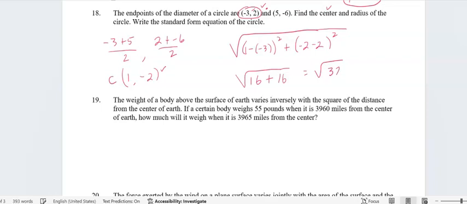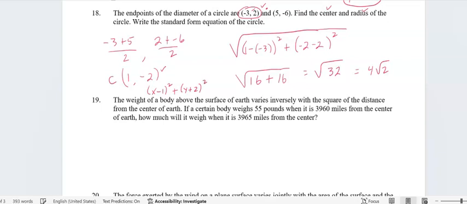So the radius is the square root of 32, or I think your answer sheet shows it as 4 root 2.